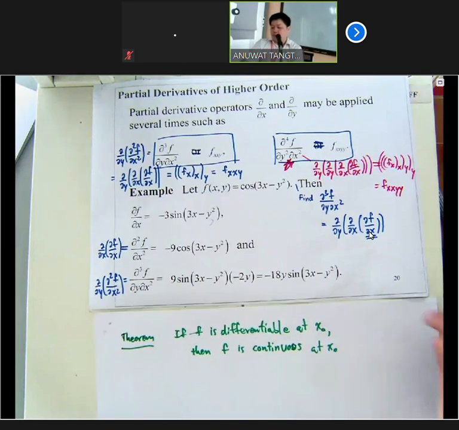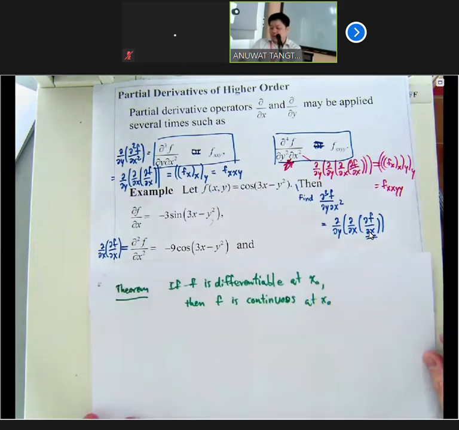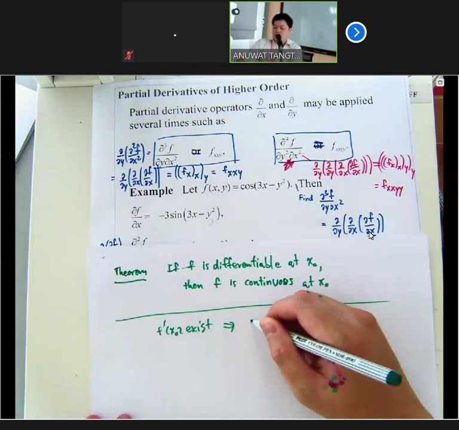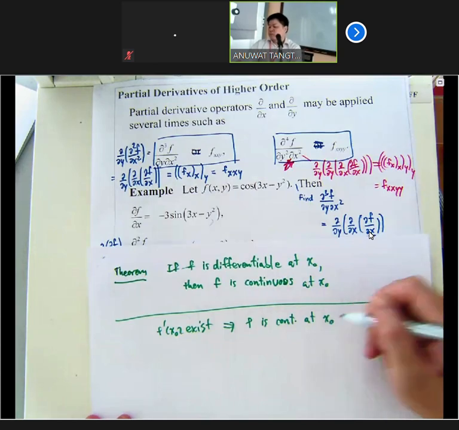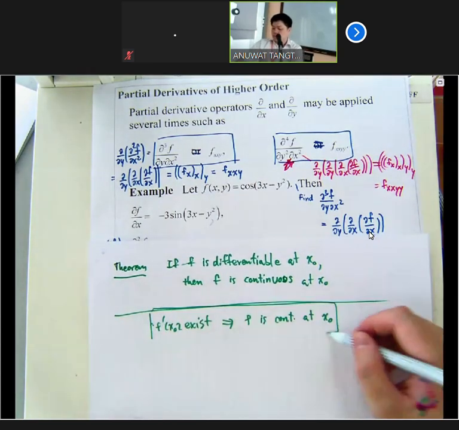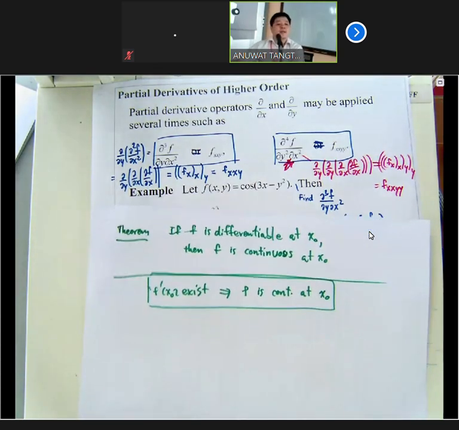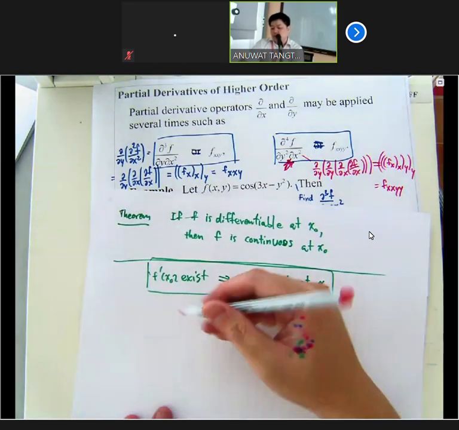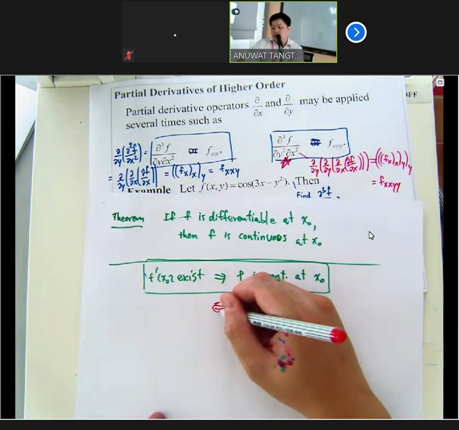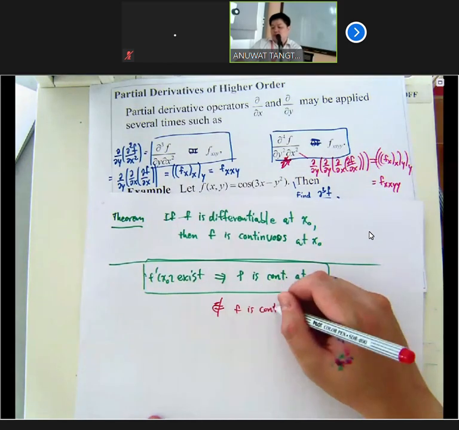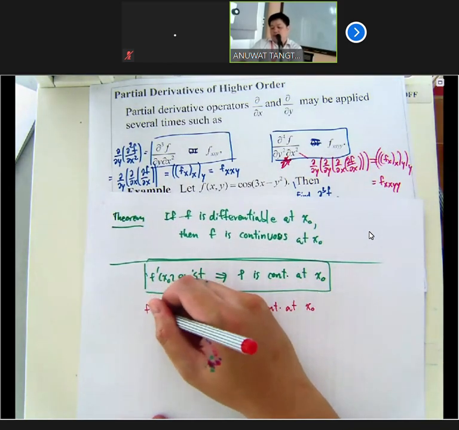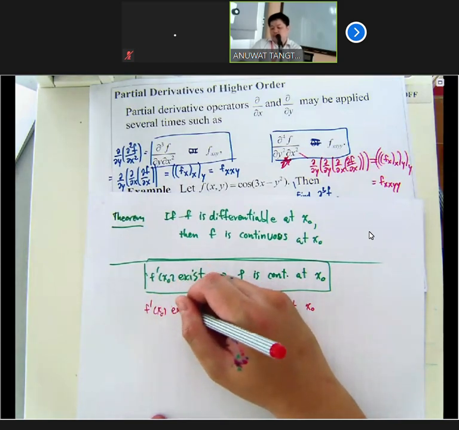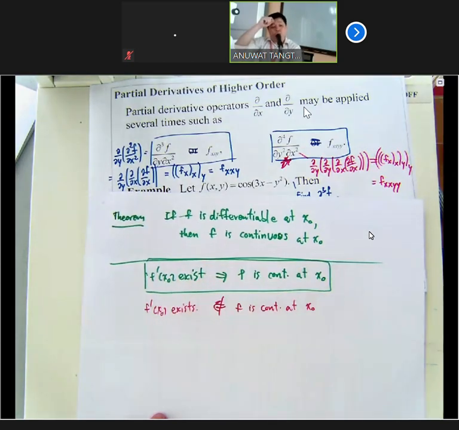That is, f prime of x0 exists, so f is continuous at x0. And please note that the converse is not true. Everyone has seen this before. Namely, when f is continuous at a point, f prime of x0 may not exist. So the converse may not be true.